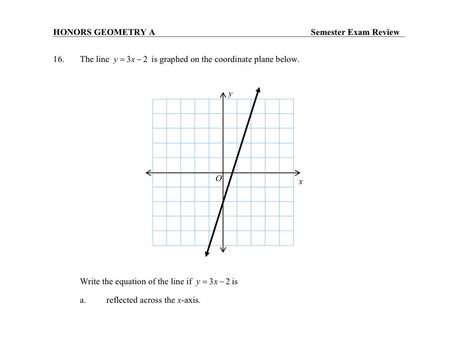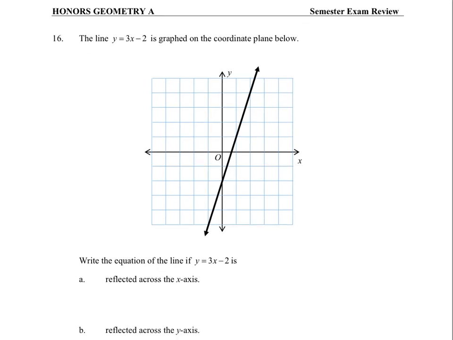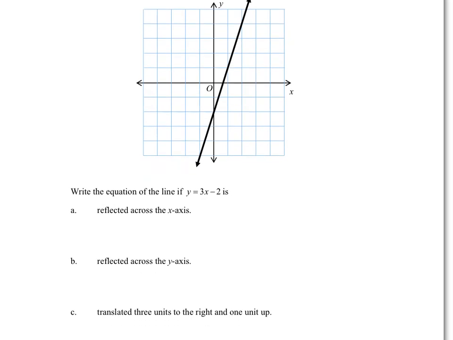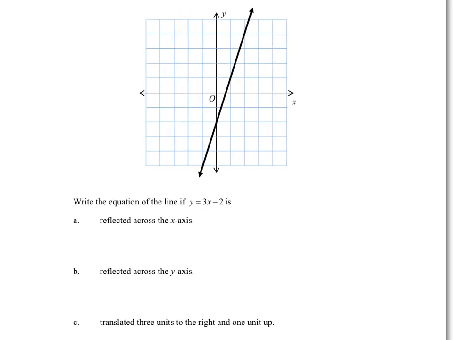Number 16, the line y equals 3x minus 2 is graphed on the coordinate plane below. And we want to write the equation of the line if y equals 3x minus 2 is reflected across the x-axis. So one way to do this is to literally take points on the line and actually reflect them. For instance, I have this point. If I'm going to reflect it across the x-axis, I'm going to have this point.